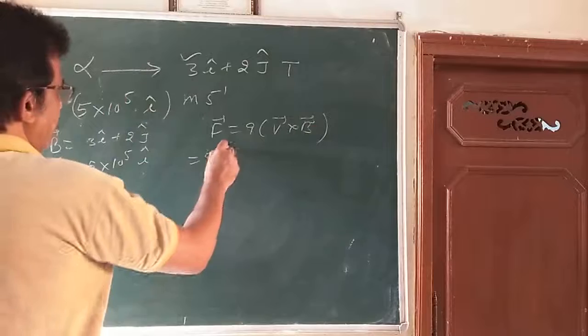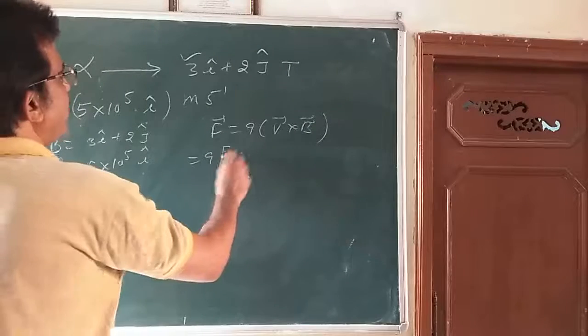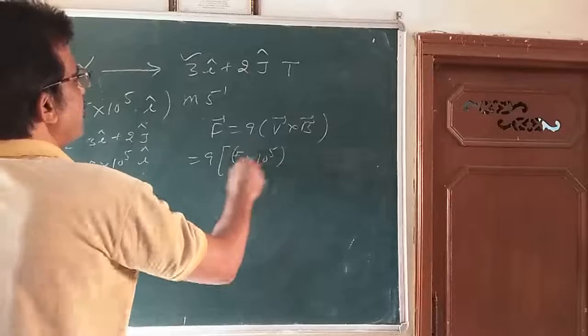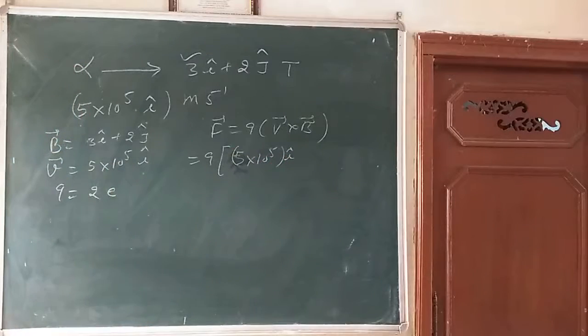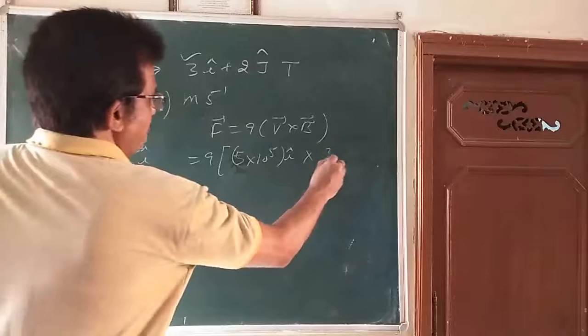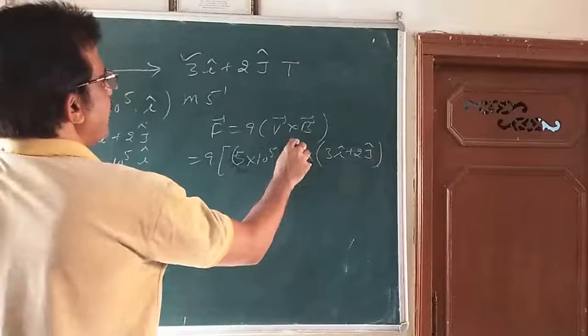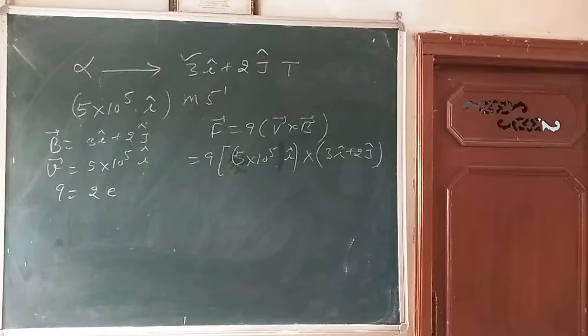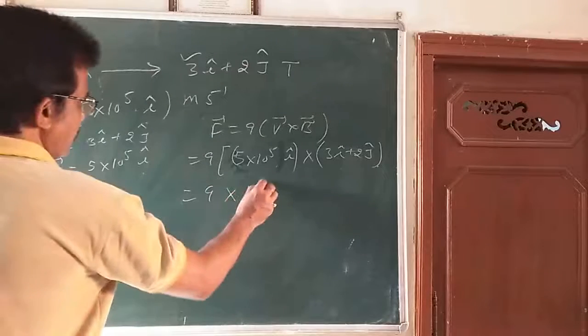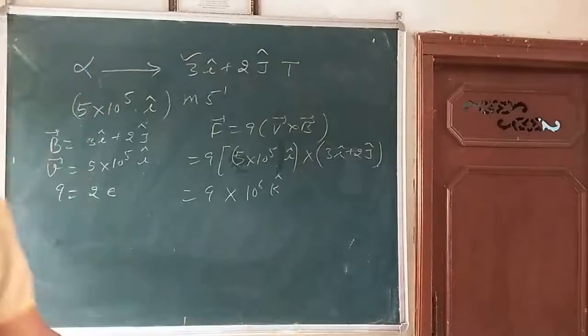q v, that is q, 5 × 10^5 i cap, into 3i + 2j. Here it is just a cross product. So you can write here q into 10^6 k cap. i cross j is k.